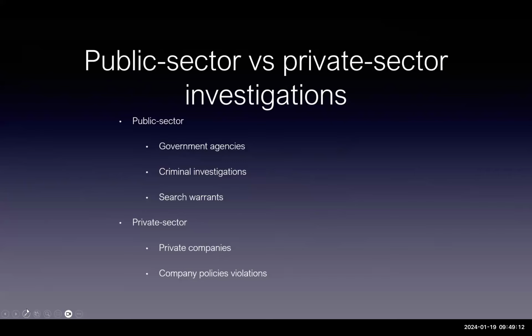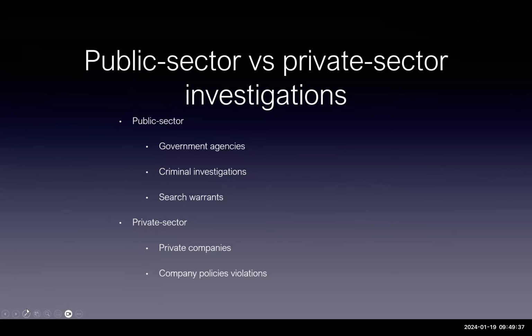Okay, so let's go through and describe the difference between types of investigations. One is public sector, dealing with government agencies and involves search warrants and possibly criminal investigations. And then we have private sector, that has to do with private companies. And most often it involves a company violation of some sort, right?